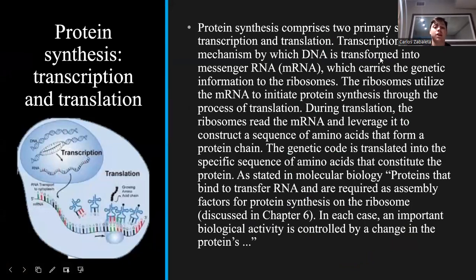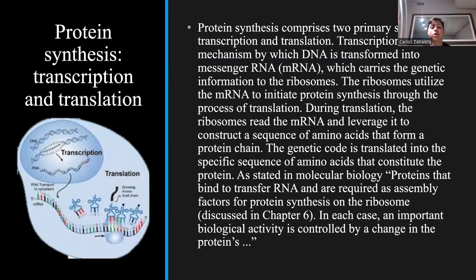Protein synthesis. In protein synthesis, there are two primary stages, named transcription and translation. Transcription is the mechanism by which DNA is transformed into messenger RNA, which carries the genetic information to the ribosomes.